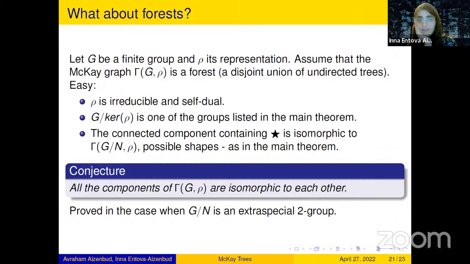And this is something which we can actually prove whenever G modulo kernel is an extraspecial 2-group. And we are still working on this in the case when this quotient is a dihedral group or a binary polyhedral group.